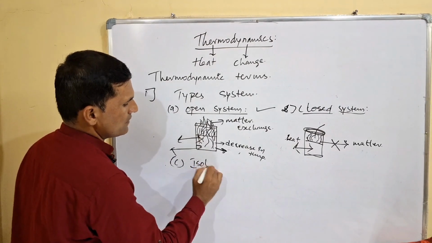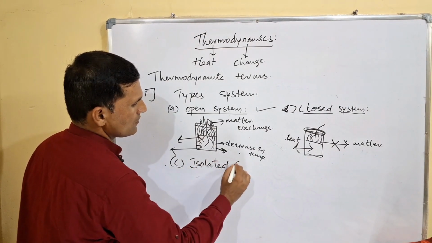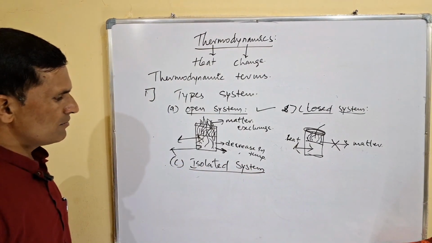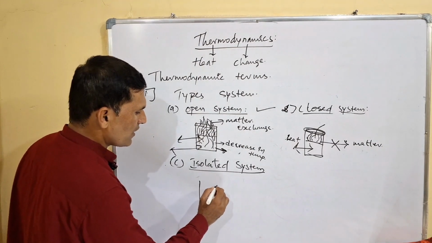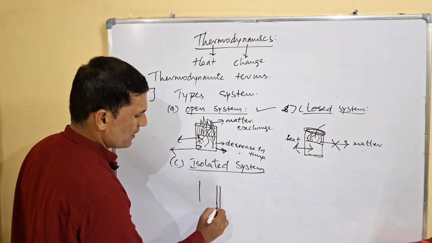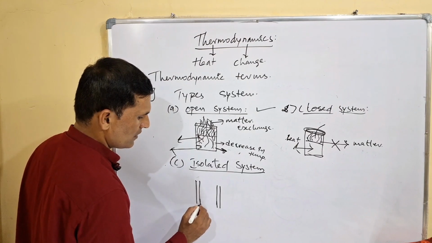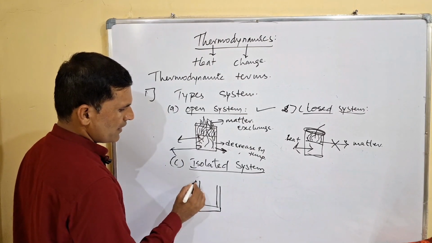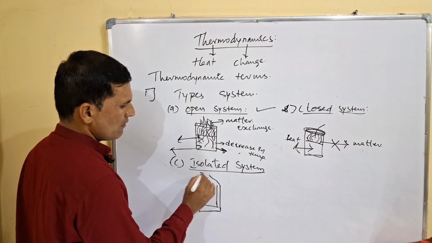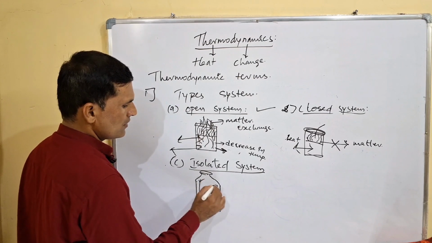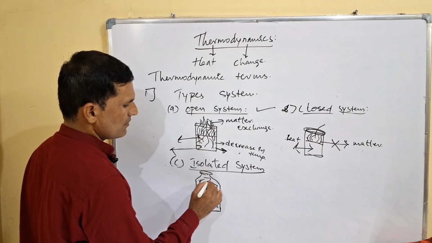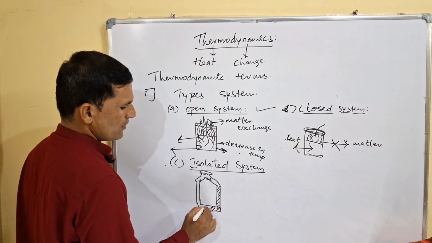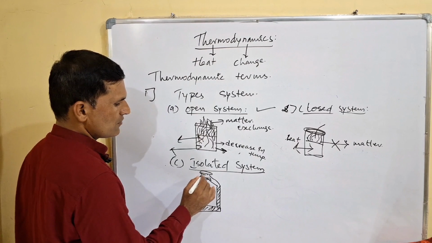Then the third type is called an isolated system. What do you mean by an isolated system? Take the same hot water, or tea, anything kept in a thermos flask, and that will be considered an isolated system, because a thermally insulated wall is there in the thermos flask.